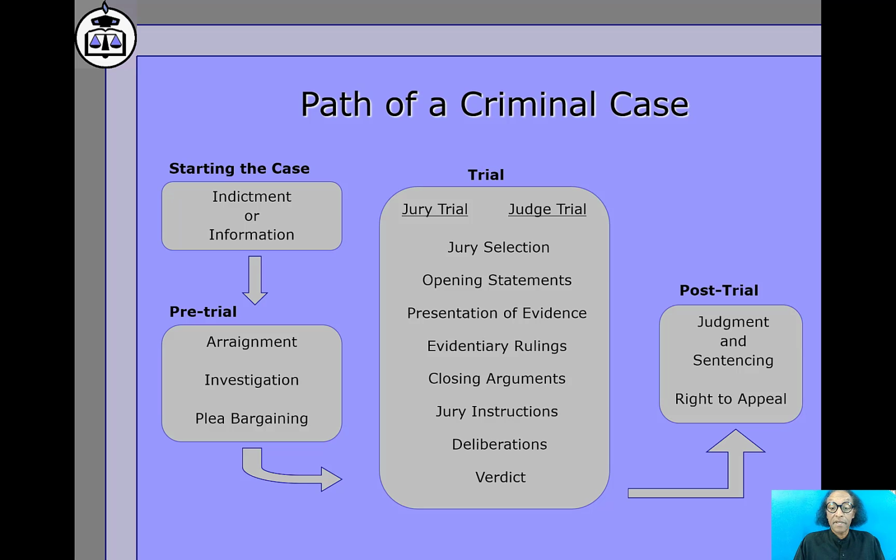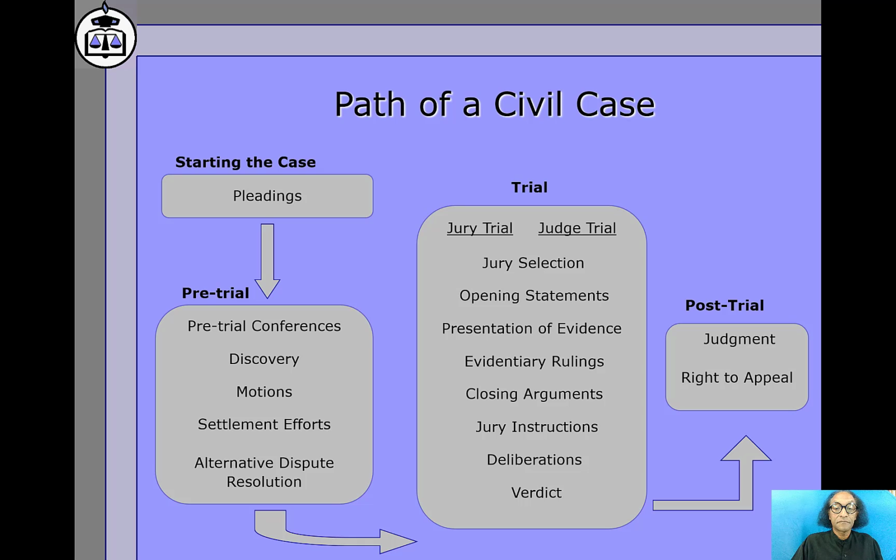For instance, in a criminal case, that would be guilt beyond a reasonable doubt. Then the jury will deliberate and render a verdict, which could be guilty or not guilty. If it's guilty, then the defendant would have been convicted, and sentencing will take place, and from that, appeal can be taken.